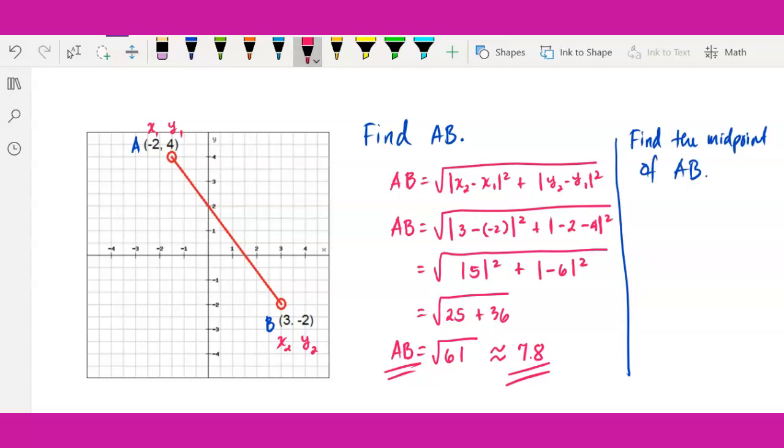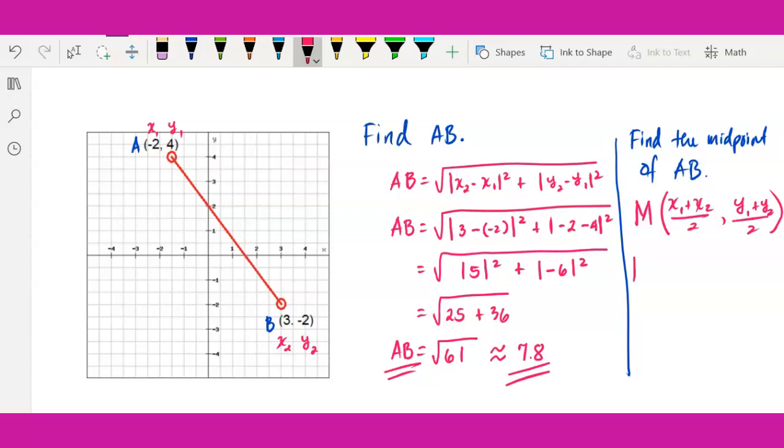Find the midpoint of AB. Well, the midpoint has the coordinates x1 plus x2 over 2, comma, y1 plus y2 over 2. That's our formula.